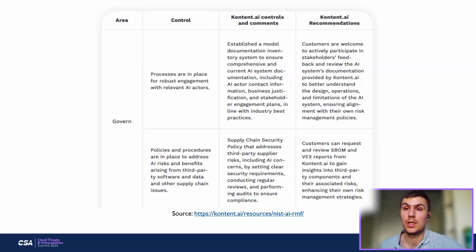Those would be covered by the provider, and then of course the customer can take additional precautions as well. So those two frameworks have been particularly useful in terms of thinking about the whole governance process over the software development lifecycle, let's say.